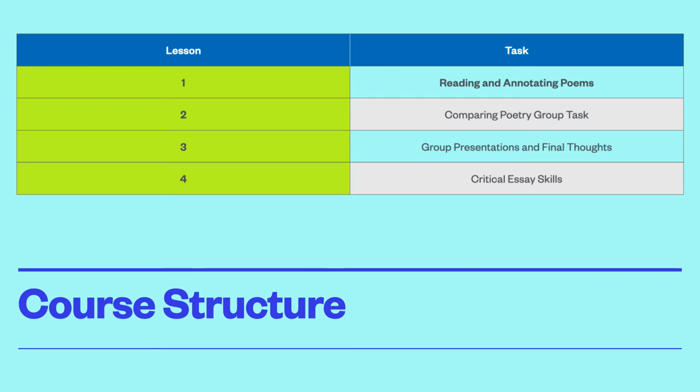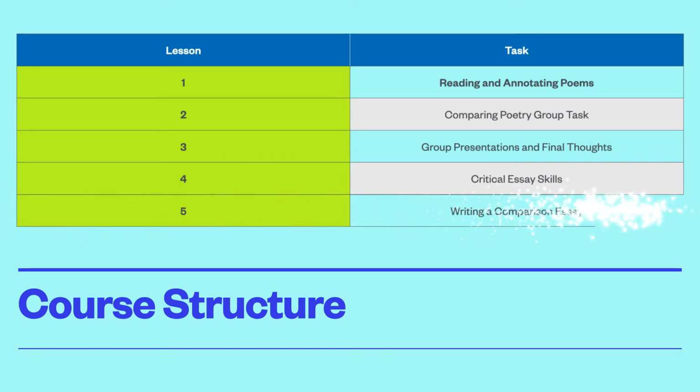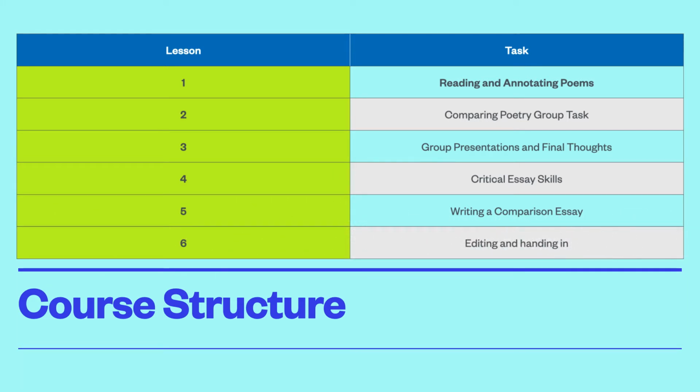Lesson 4, we'll be looking at critical essay skills. And then you're aiming to write your comparison essay in no more than 2 periods. But it might be your teacher just gives you 1 period and then you will be doing the rest at home. And once you've finished your first draft, you will then get a lesson on editing before you hand your essay in.